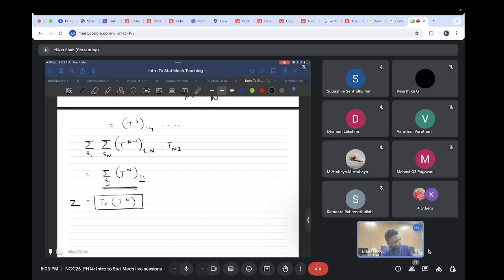Now, to get the trace of this, how do you find the trace of this? See, trace of t raised to power n is also equal to trace of u dagger u t raised to power n.